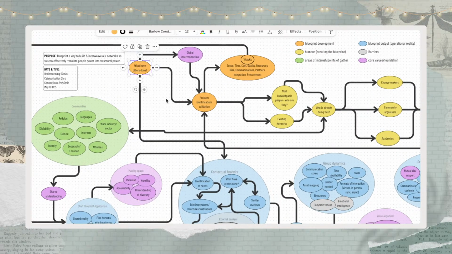This one doesn't have an input, which means it's our starting element, which is essentially doing research about what others have done. We know there are people building and interweaving communities all around the world. We want to learn what that looks like, and also inform the problem identification of why not everyone knows how to do that.